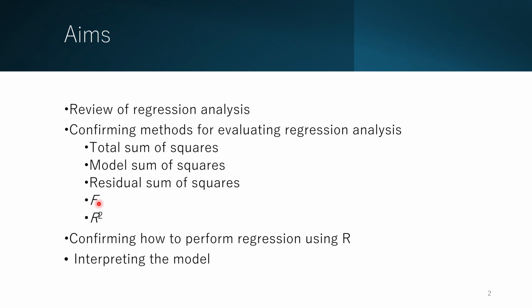Next, we will move to two important measures, the F value and R squared value. Finally, we will check how to run regression in R and how to interpret the output. In short, we will learn how to tell whether a model fits data well.